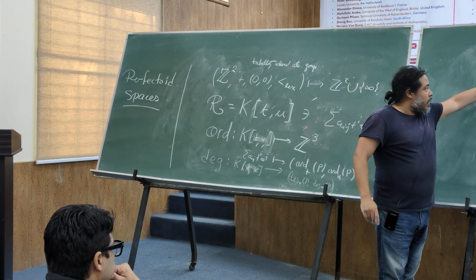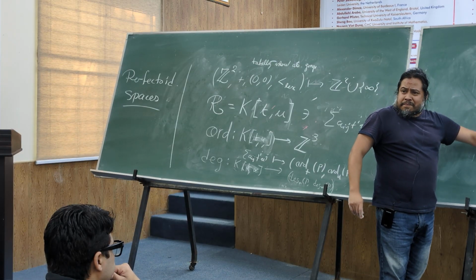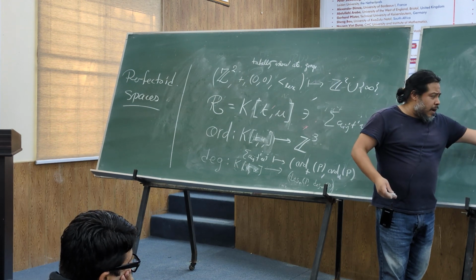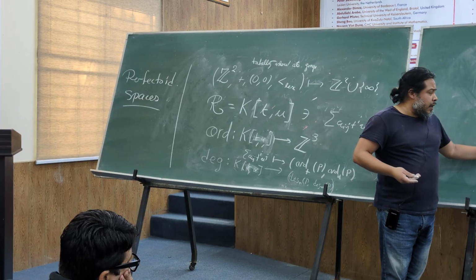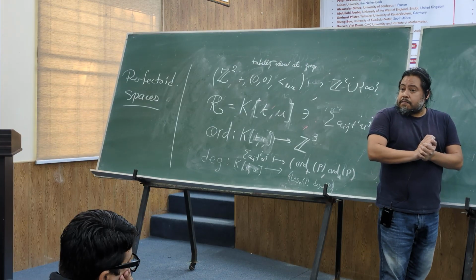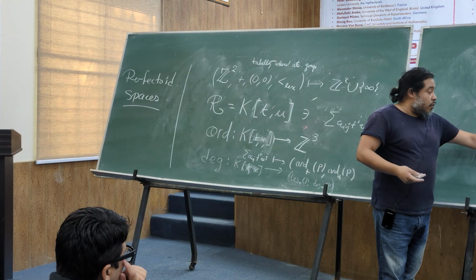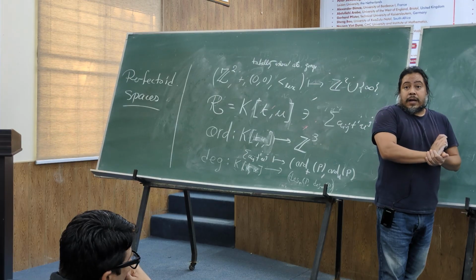But I am finding a function which is almost the same thing, but the sign is reversed, and I am using max instead of min. So I should be able to call this a valuation too. So we agree that these are also valuations, but they are called absolute values.